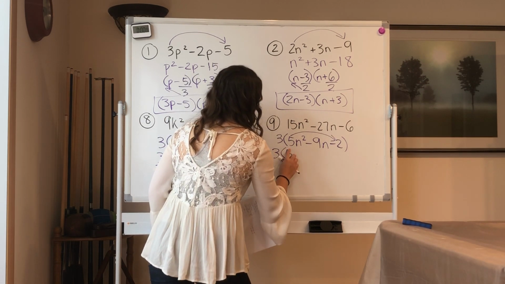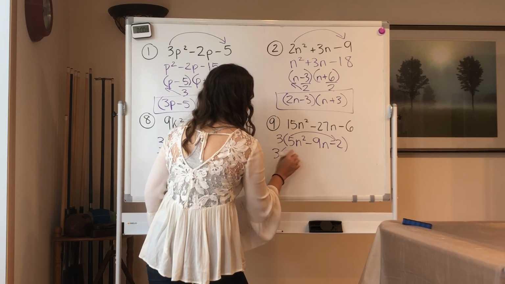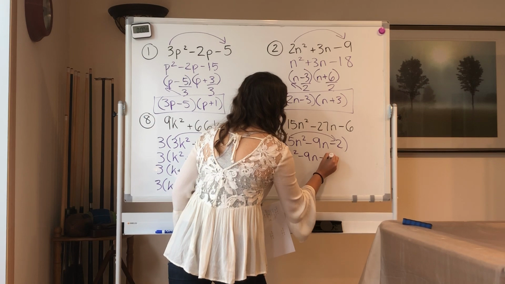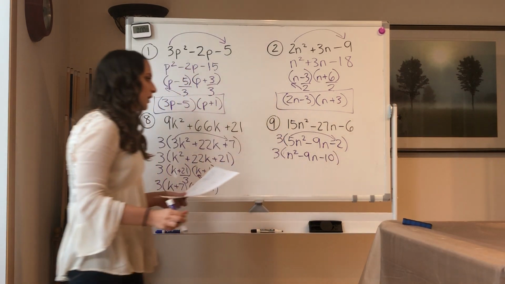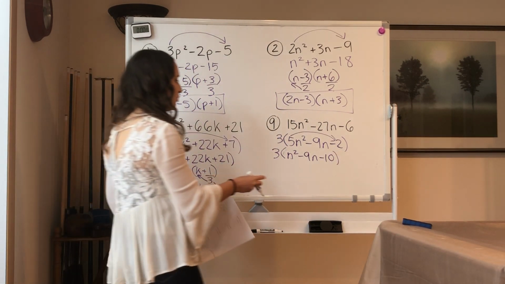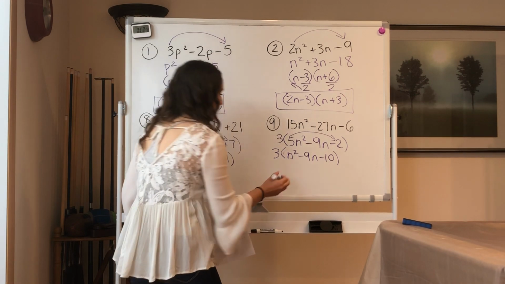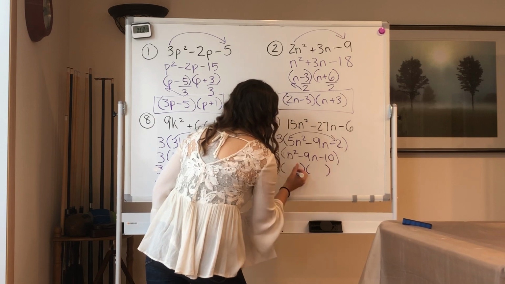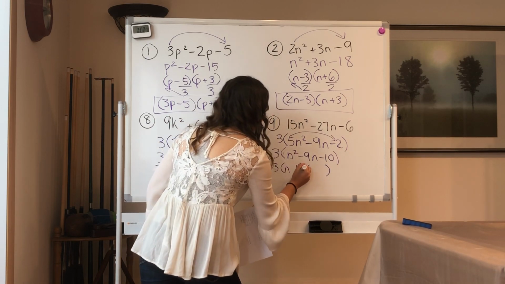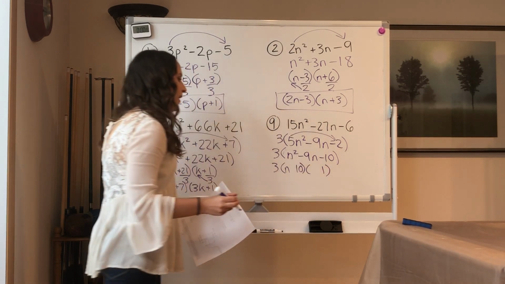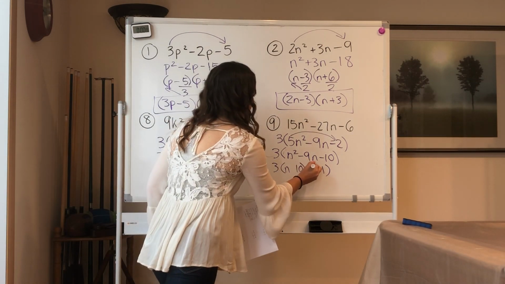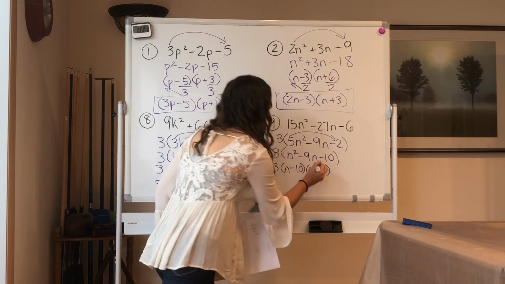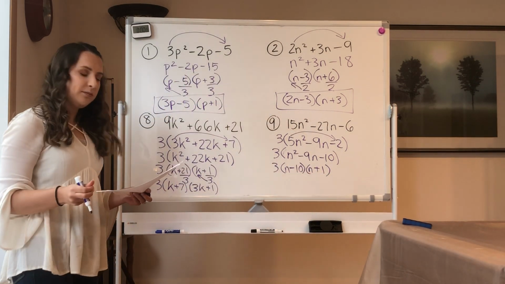Now we're left with n squared minus 9n minus 10. What two numbers multiply to negative 10 and add to negative 9? I'm thinking 10 and 1, and negative 10 plus 1 is negative 9.